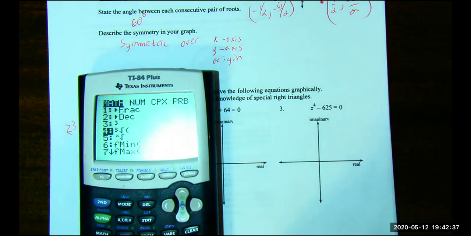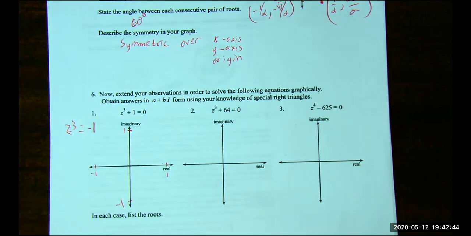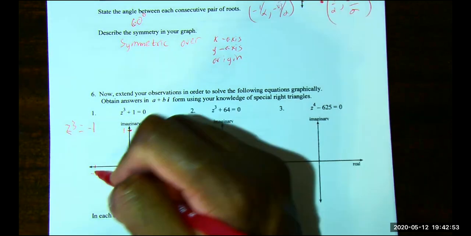So we definitely have three solutions. If I take the cube root of both sides to solve, I get -1 as a solution.